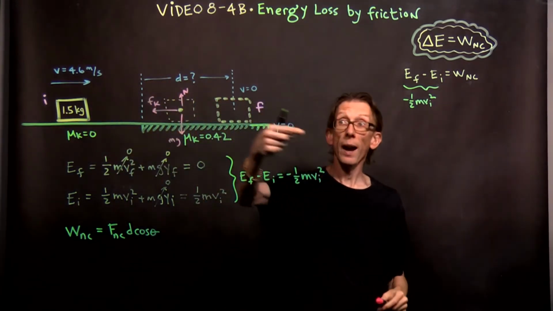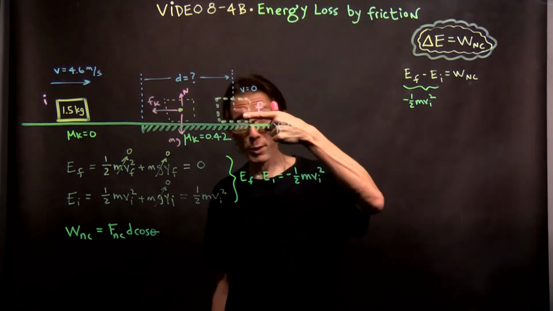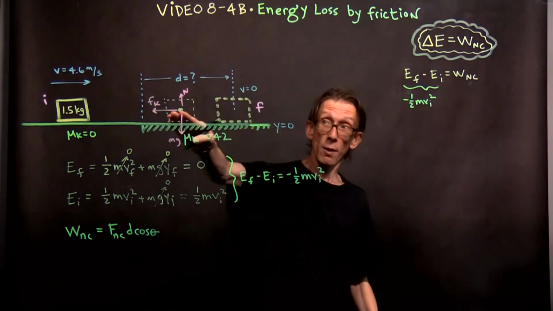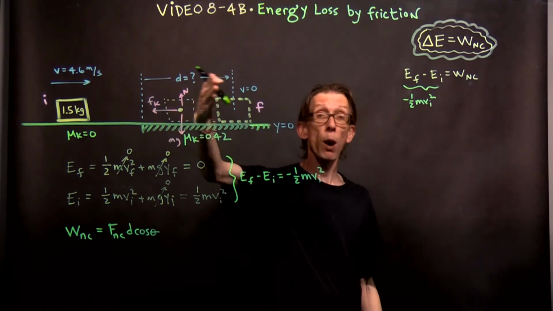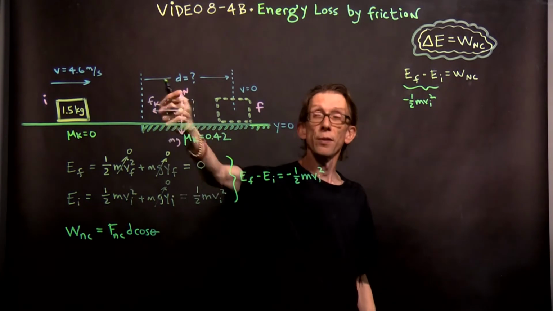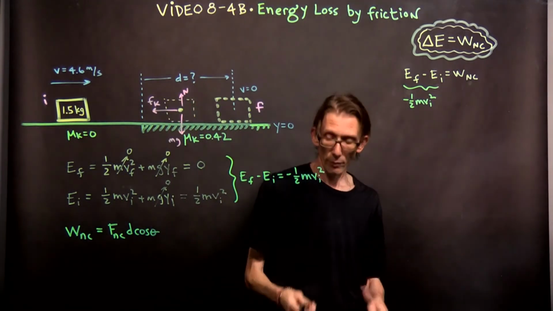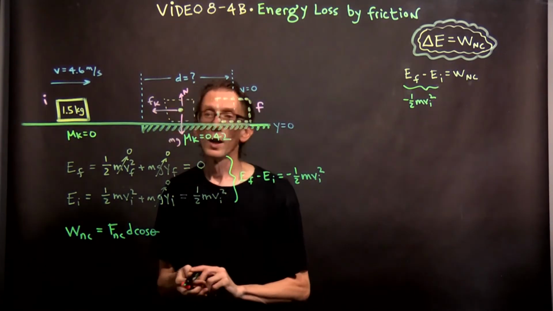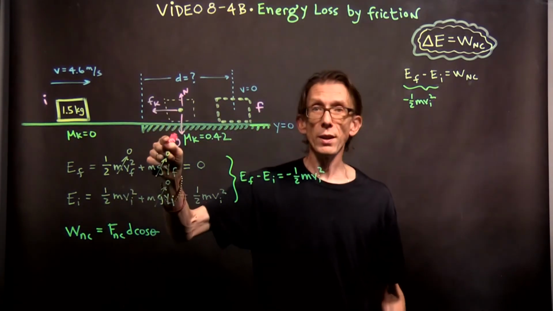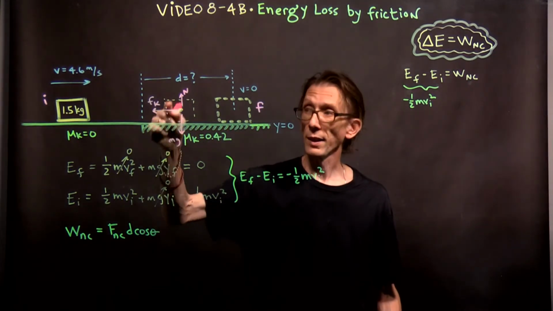It's moving to the right. Displacement is to the right. But F sub k is pushing to the left. Remember, the force of kinetic friction always opposes the motion. So if it's moving to the right, F sub k is to the left. And notice that N and mg are equal and opposite. They cancel out.